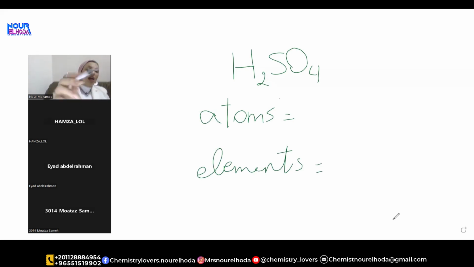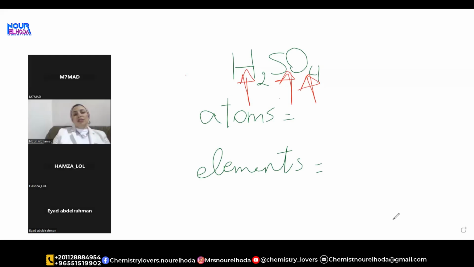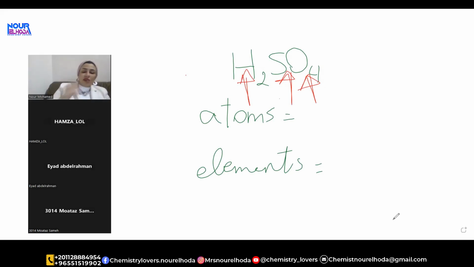You should know how to count this. How many elements do I have in any compound? I'm going to count how many different types. If you check here, I have hydrogen, and then sulfur, and then oxygen. So this means how many types? I have 3 different types. So element means how many different types.